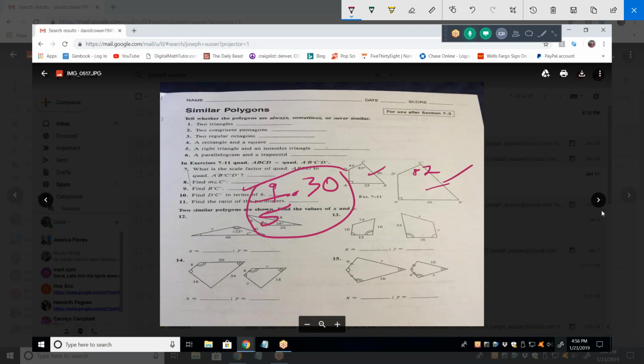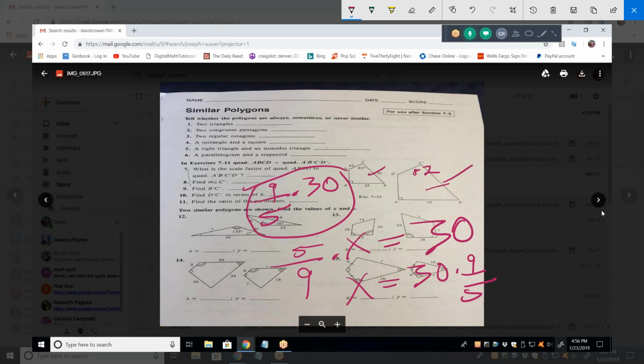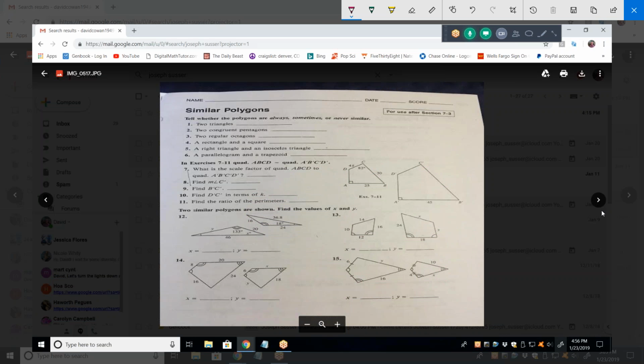If I'm going little to big, then it's 5/9 of some number equals 30, and that number would be 30 times 9/5. It's a much harder problem. So this is a perfect example of why I like big to little, not little to big. Okay. So 9/5 of 30 is 54. So that's 54.